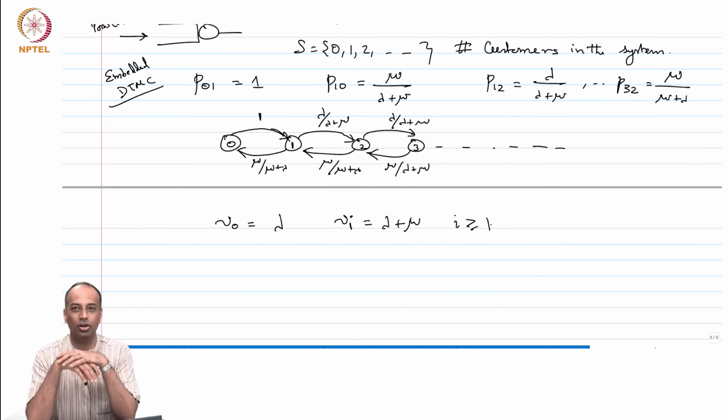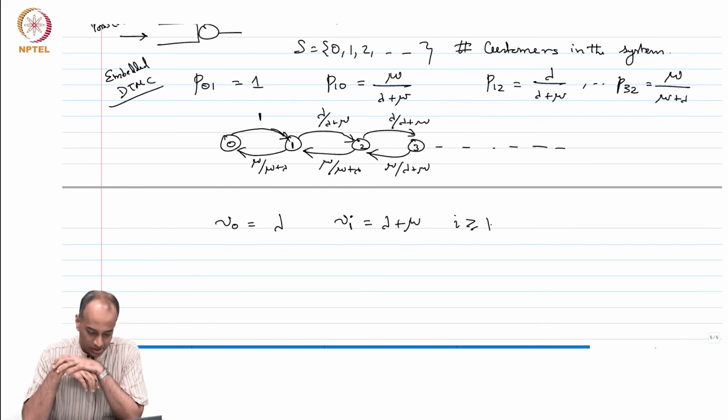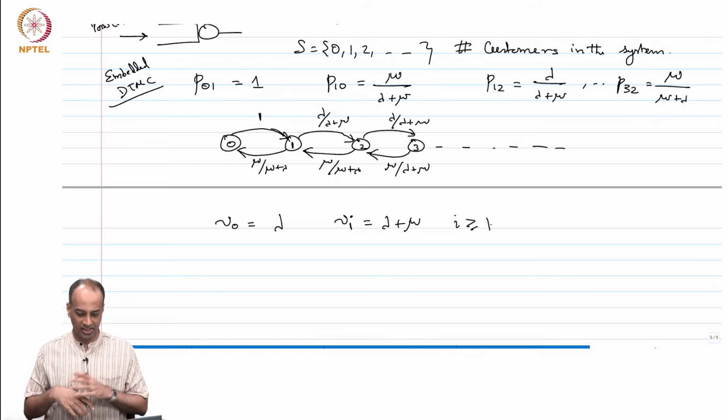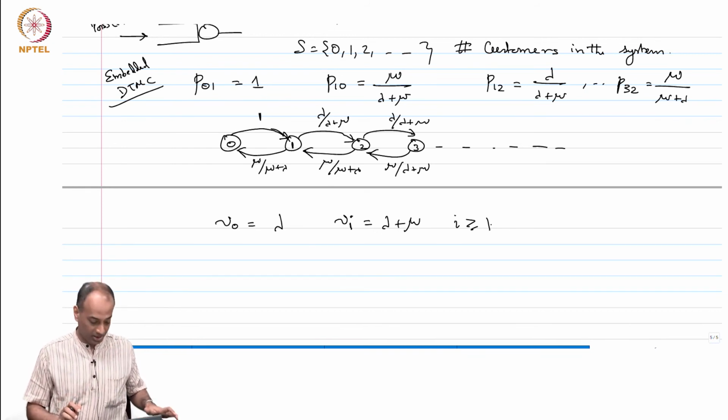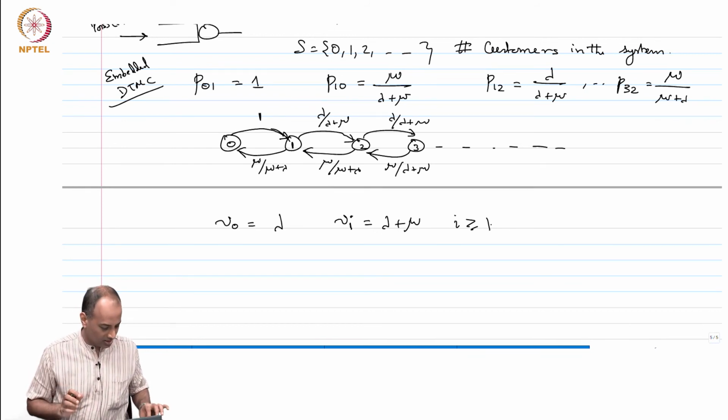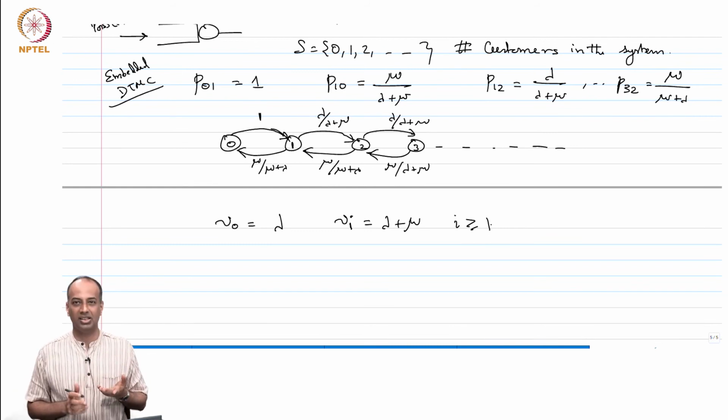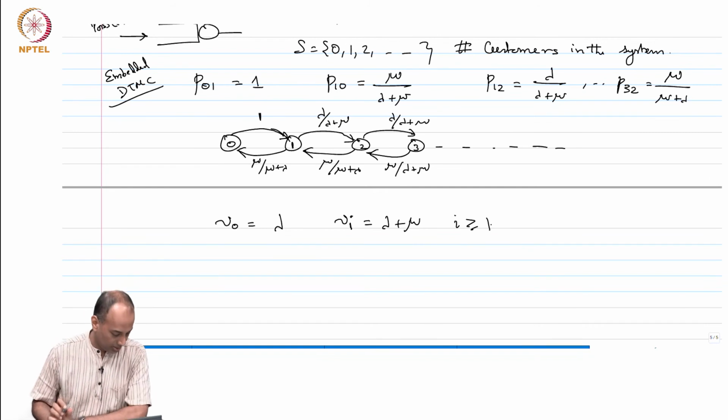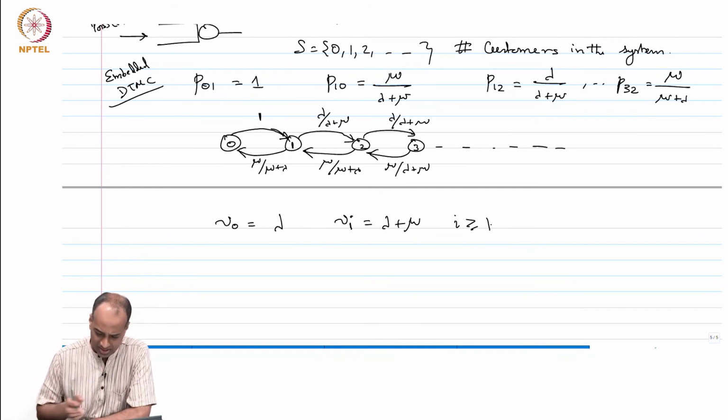Of course, you can now solve for the embedded DTMC's steady state probability by writing out the balance equations. In fact, if you look at this DTMC, you can clearly see that this is a birth death Markov chain. The embedded DTMC is birth death and you can just easily write down the local balance equations and figure out what the pi's are.